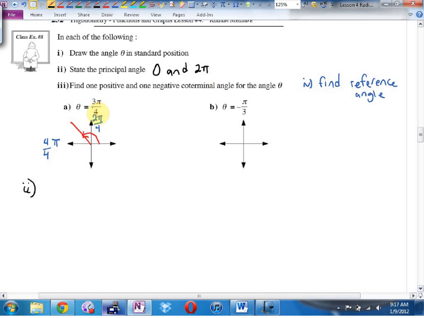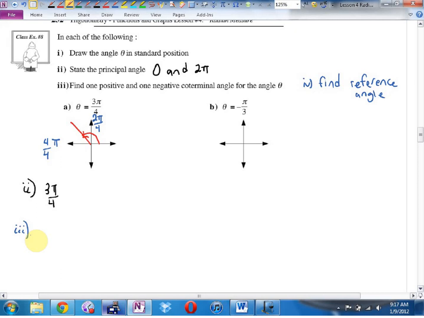Three says, find one positive and one negative coterminal angle for the angle theta. Well, if we were in degrees and we wanted to find coterminal angles, do you remember what we added or subtracted? 360. What about for radians? I'm going to add or subtract.